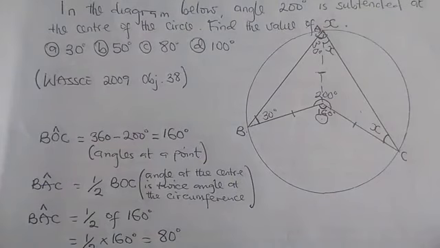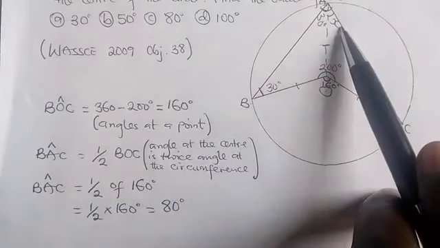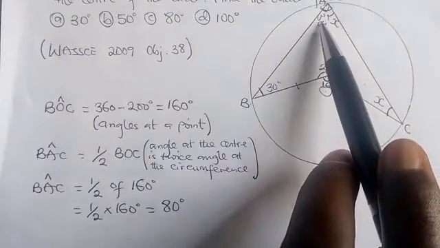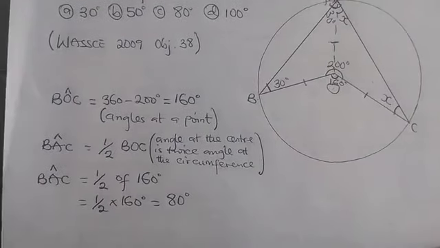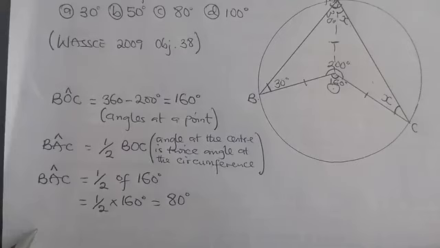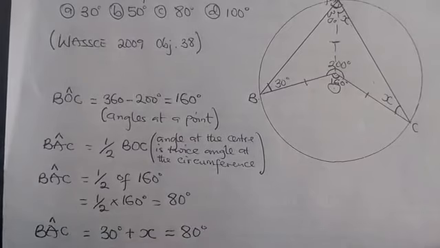But we have found angle BAC, which is that angle, to be 80 degrees. So what we now need to do to get the value of x is to equate the sum of these to 80 degrees. That is, angle BAC is equal to 30 degrees plus x, and that is equal to 80 degrees.